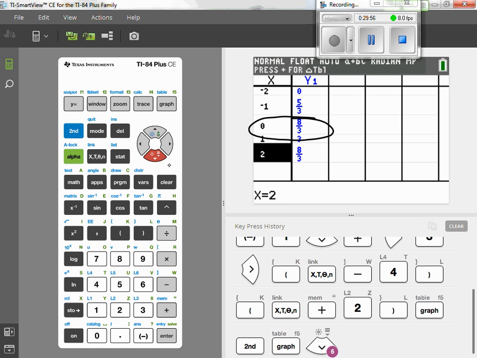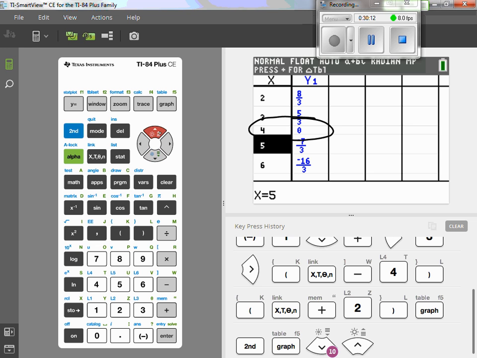Let's keep scrolling down. 4, comma 0, yes? That's another one. So those two there are our two intercepts.